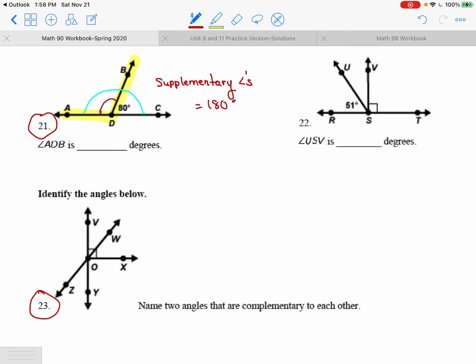We can use that identity, so we can say 180 minus 80, because they give us this part of it here, is equal to 100 degrees. We know that based on supplementary angles. This is the identity, or the relationship, that we're using.